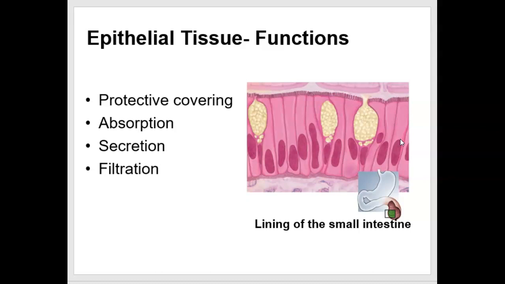And epithelial tissue has a feature related to mitosis. If damage occurs to epithelial tissue and cells are lost, the rest of the epithelial cells that are healthy can undergo mitosis quite rapidly.